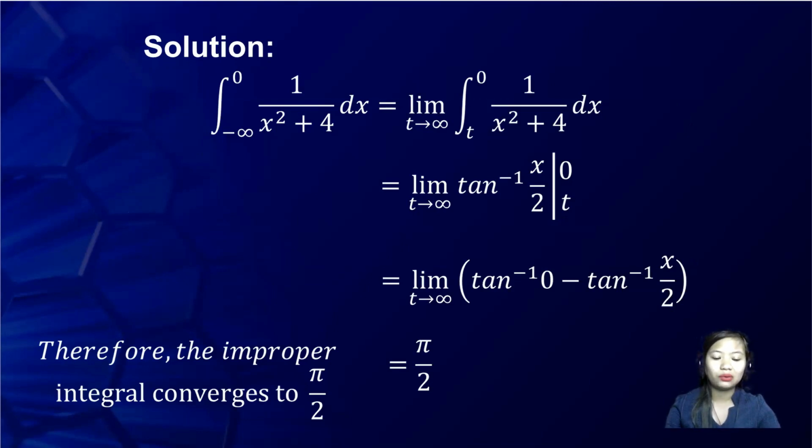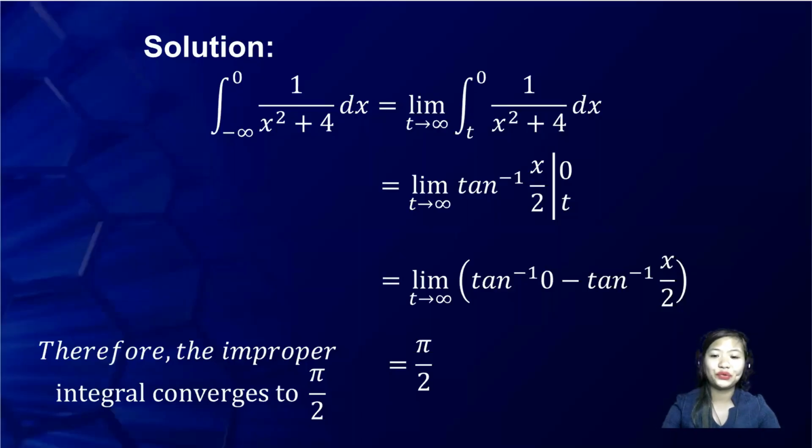Putting that into the form of limits, we add the limit as t approaches negative infinity, and we replace negative infinity with the variable t. Then, getting the integral of that function, we have the arctangent of x/2 from t to 0.